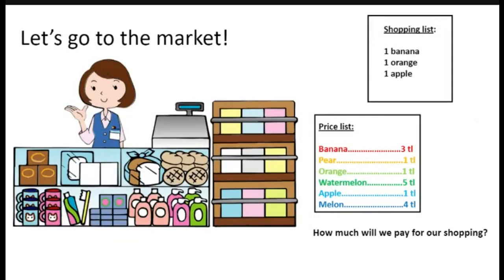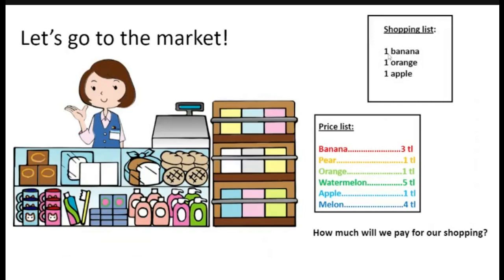Let's look at this example. Let's go all together to the market. We are in the market now, and we need to buy some things. We have a shopping list.